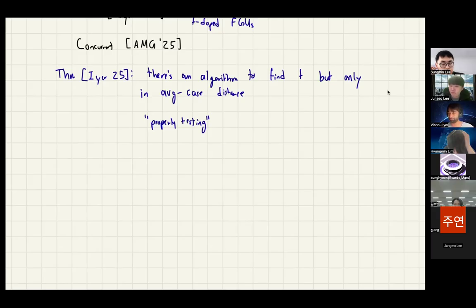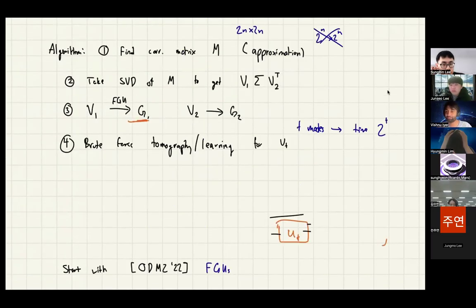These are easy to learn. There's this paper by Robert Huang, Anurag Anshu, Jarrod McClean, a bunch of people, on learning shallow quantum circuits. But we don't believe that we can simulate this efficiently. Otherwise, random circuit sampling wouldn't work. So we believe this is hard to simulate.